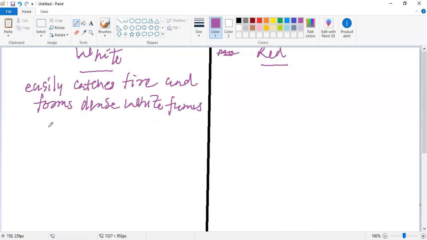These dense white fumes are because of the reaction of phosphorus with oxygen present in the air, and that produces P4O10. This P4O10 gives the dense white fumes.